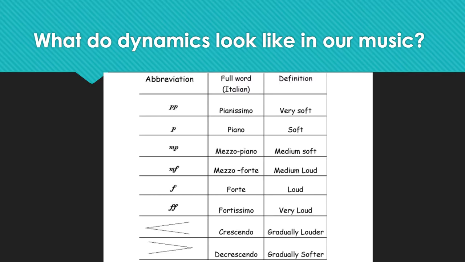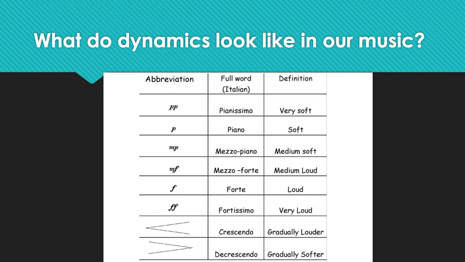Then we have single F, which is forte, which is loud. We have double F, which is fortissimo, which is very loud. And with fortissimo and pianissimo, you keep adding an ISS in the middle for every added P or F. So sometimes composers get really nutso and they have like 6 P's for your pianississississimo.